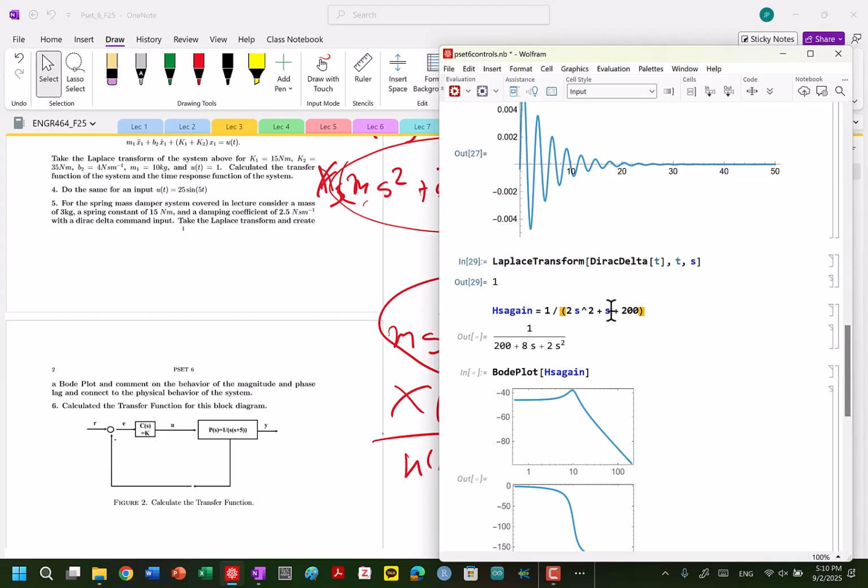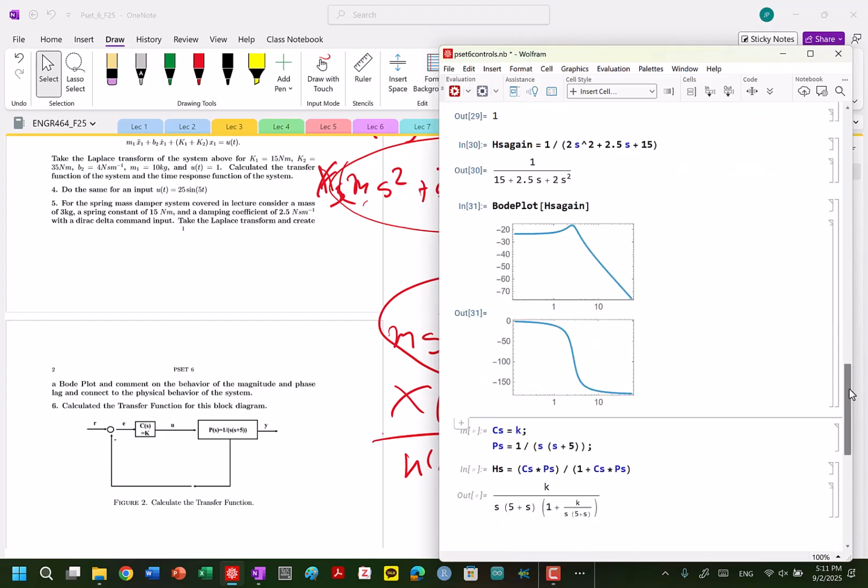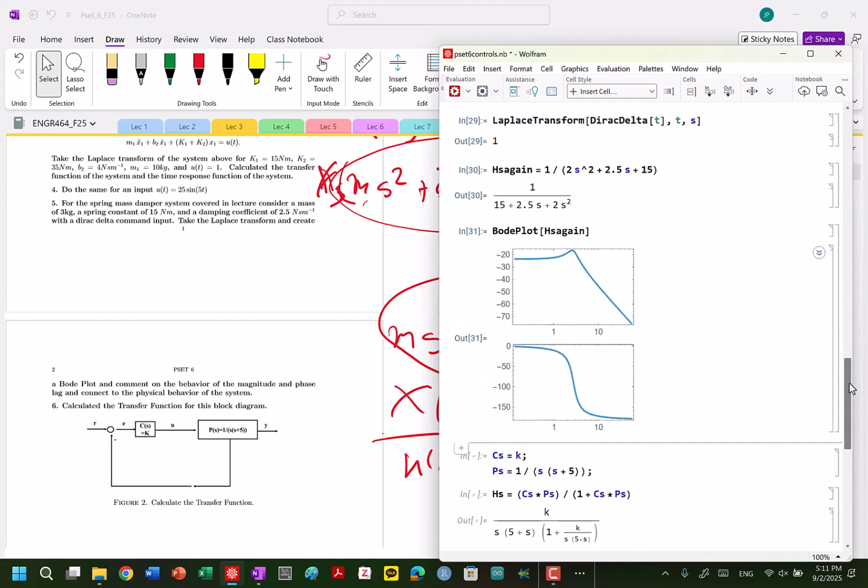The damping coefficient is 2.5, and the spring constant is 15. We can look at our Bode plot and the responses of those functions. Again, you get the resonance peak that you would expect from this spring mass damper system. So it looks pretty good.